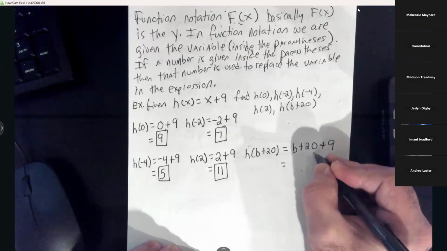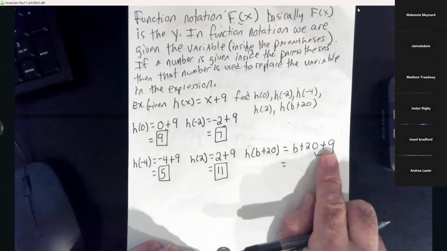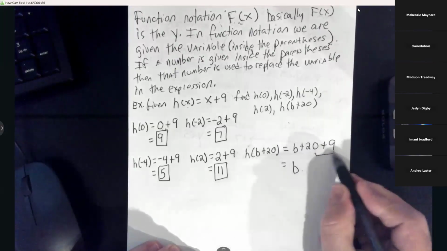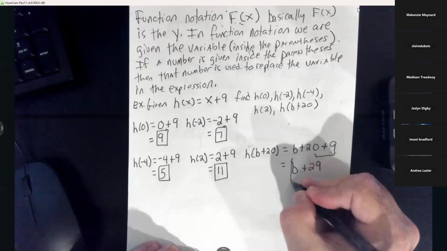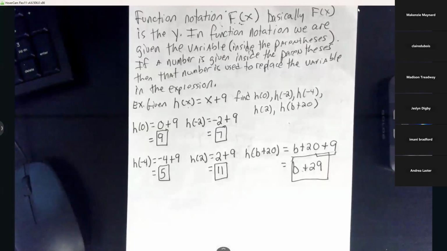Oh, perfect, Jason, perfect. The only like terms are the numbers. So the b has to come down, and then 20 plus 9 is 29. Remember, these go back to like terms. Once you put that b plus 20 in, all you can do is add your like terms and be done with it, okay? Good job, Jason. Perfect.